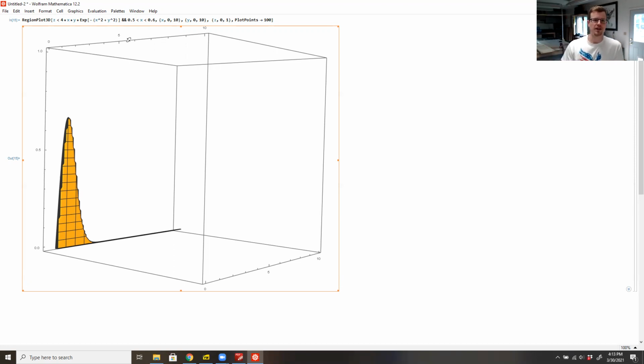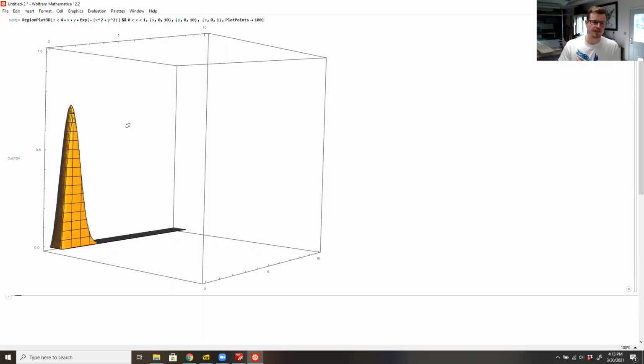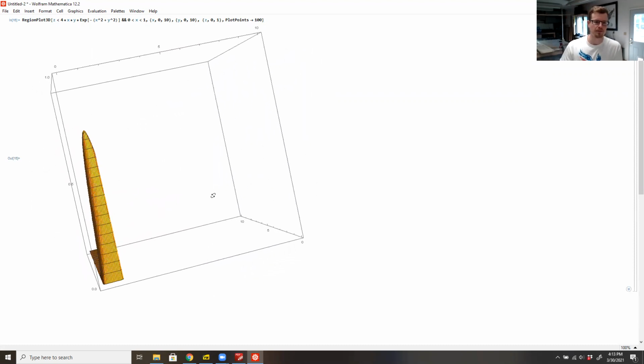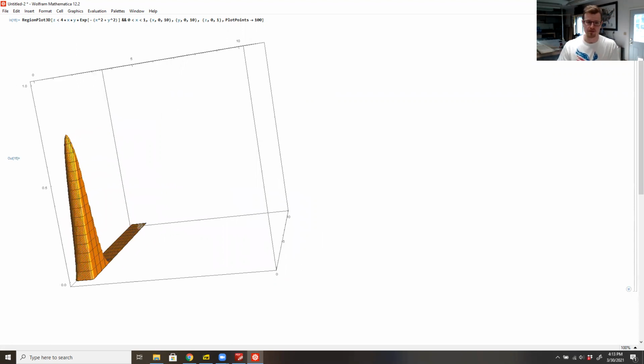If I wanted to find the marginal probability that x is between 0 and 1, for example, I can do that, and that is the area of this solid object here, or the volume rather.